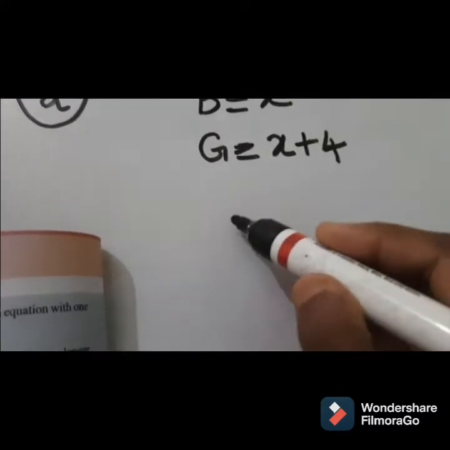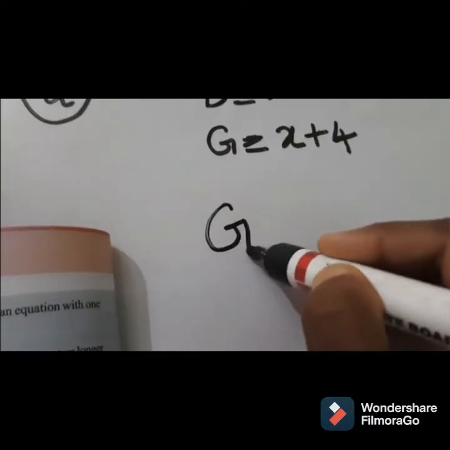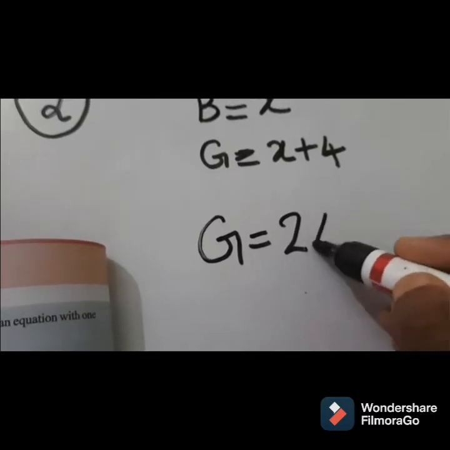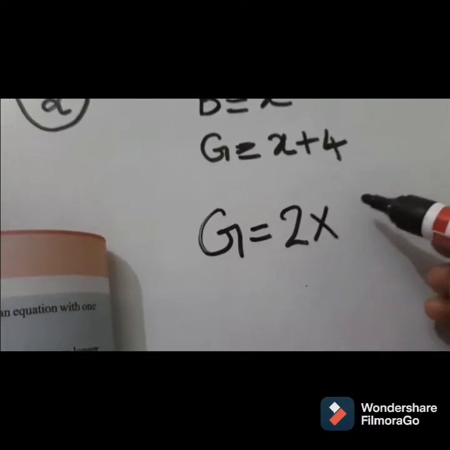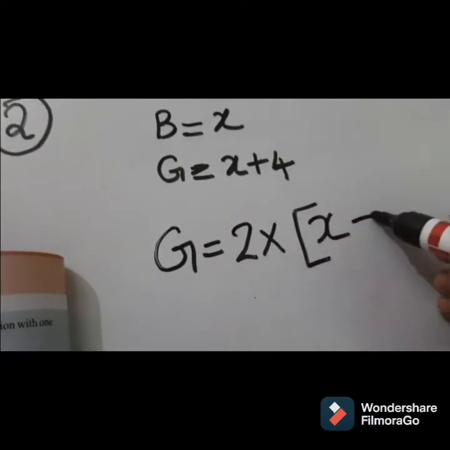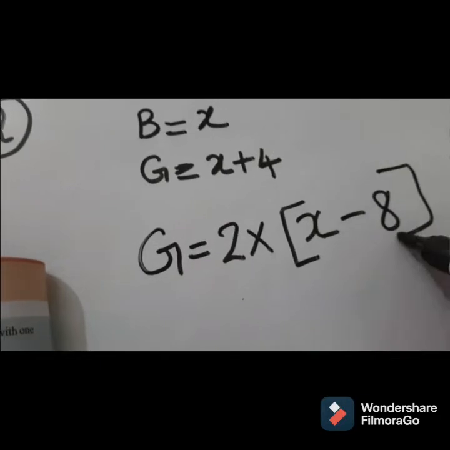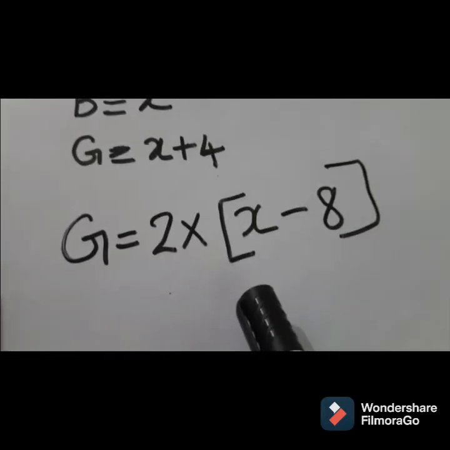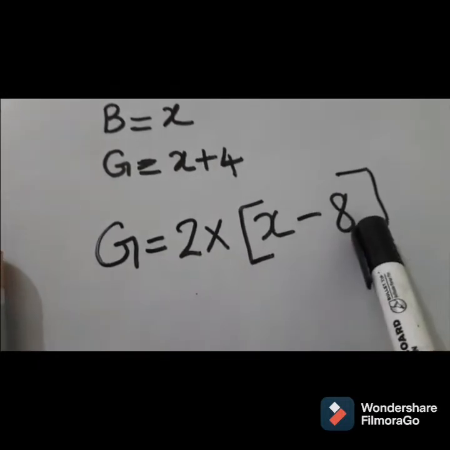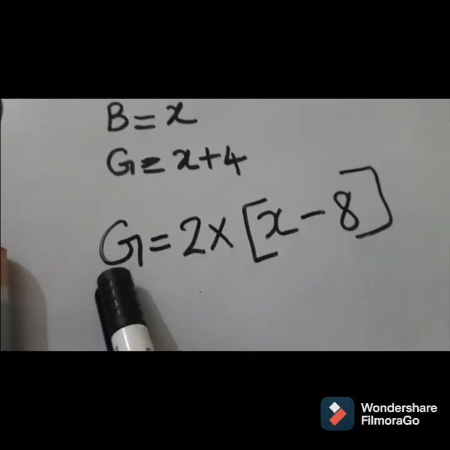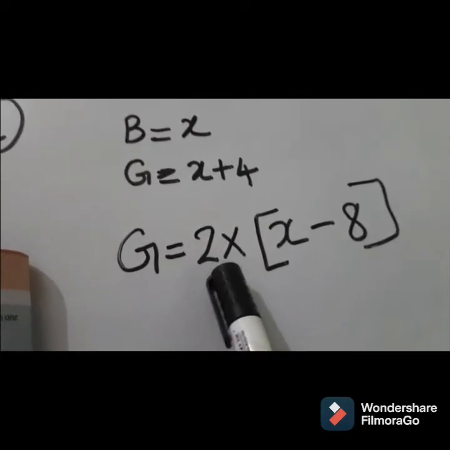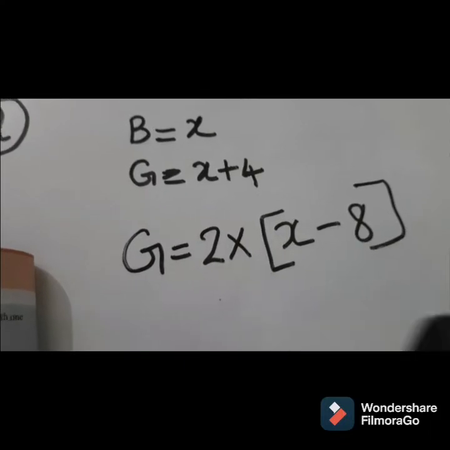That is, the number of girls is twice that of boys. Boys, how many were absent? 8 were absent. On one particular day, 8 boys were absent. So the number of girls is equal to twice, twice means 2 times, 2 times x minus 8.